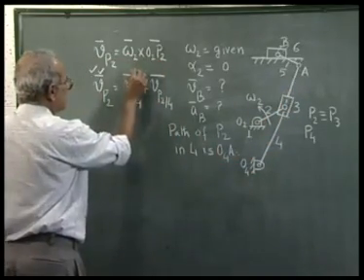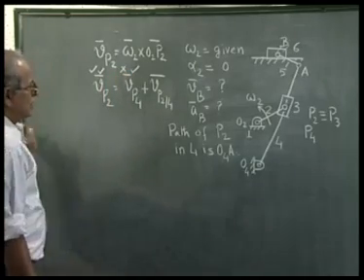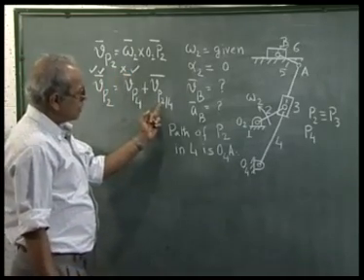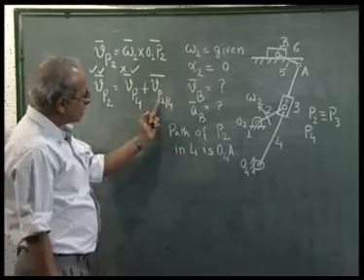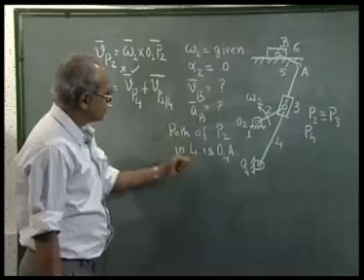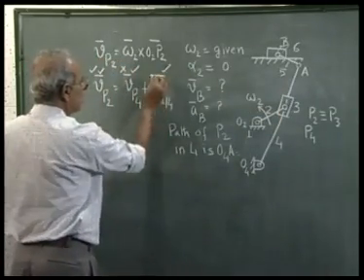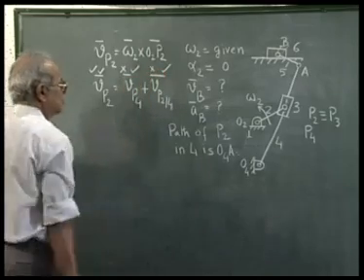So, the direction is known, but the magnitude is unknown. Velocity of P2 in body 4, because the path of P2 in body 4 is along O4A, must be along that direction O4A. So, here also I know the direction, but not the magnitude.